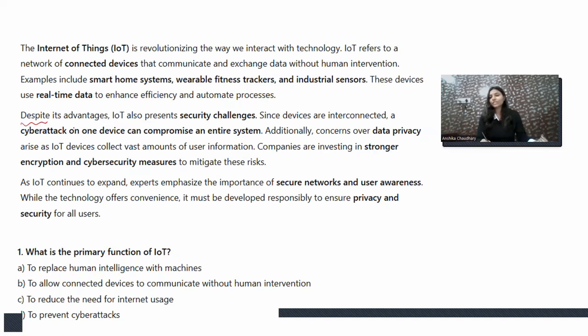"Despite" is a contradictory word. As we have discussed the benefits earlier, now we will be talking about the opposite, that means the challenges, limitations or disadvantages of IoT, right? As this is the keyword, we will mark it down here. "Despite its advantages": previously we have discussed its advantages.